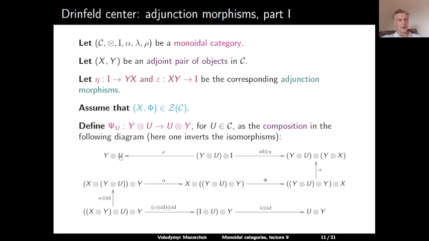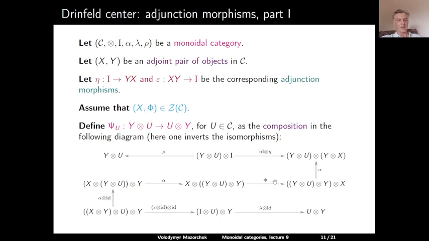So we start from y tensor u. To this element, we can go by rho from y tensor u tensor the identity. Here, we can use eta to the identity to go to y tensor u tensor y tensor x. To this element, we can arrive using alpha from the element y tensor u, tensor y, and then tensor x.